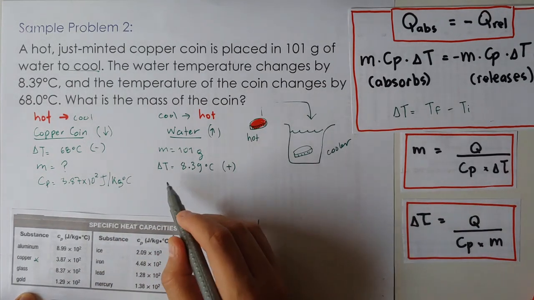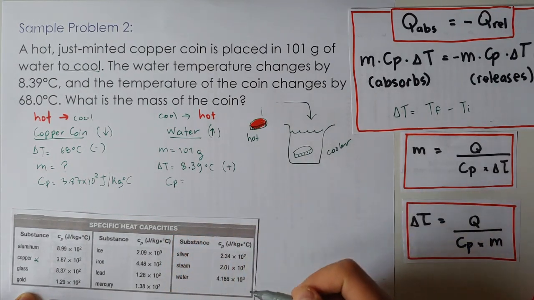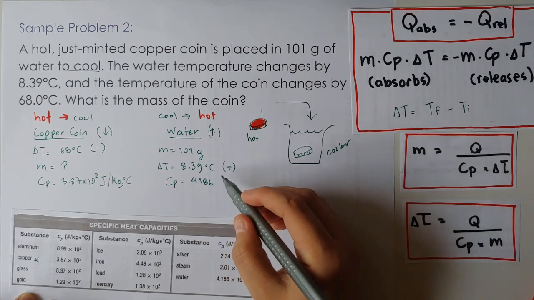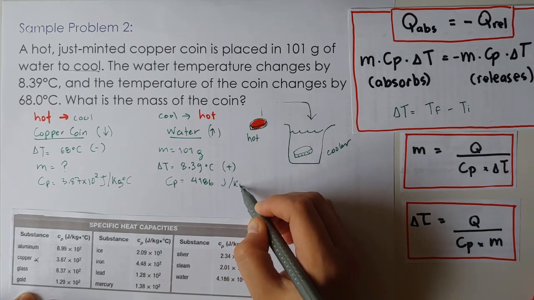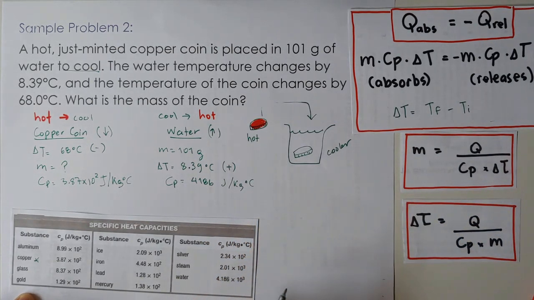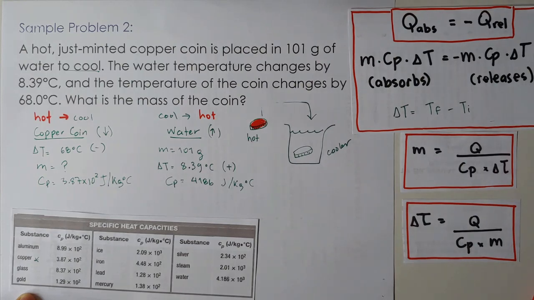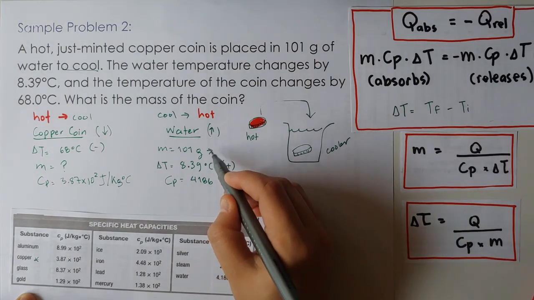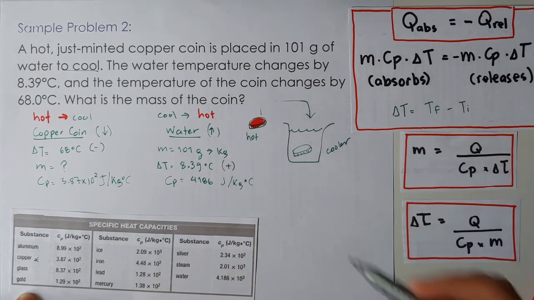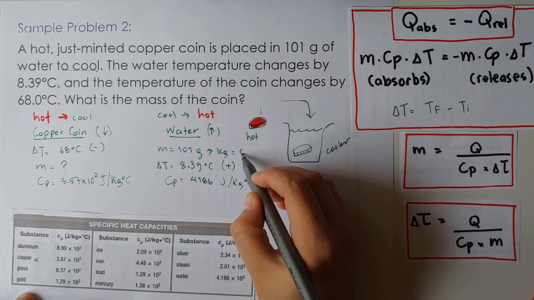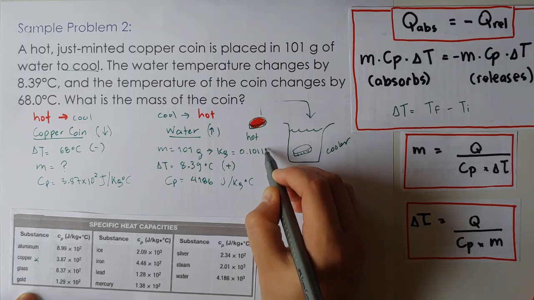For water it is 4186 joules over kilogram Celsius. The mass in grams must be converted to kilograms by dividing by 1,000, so this will be 0.101 kilogram.